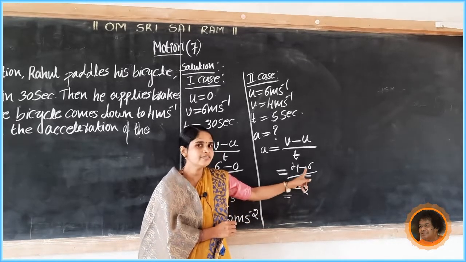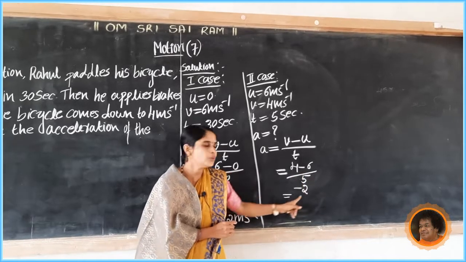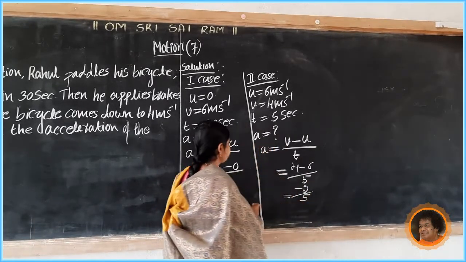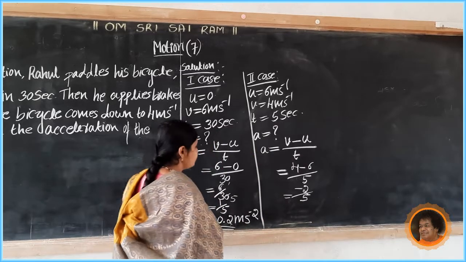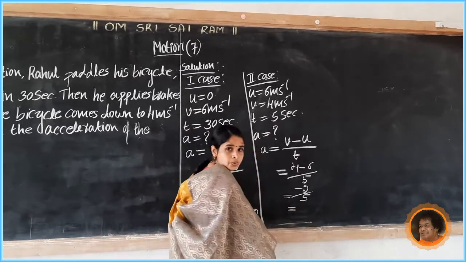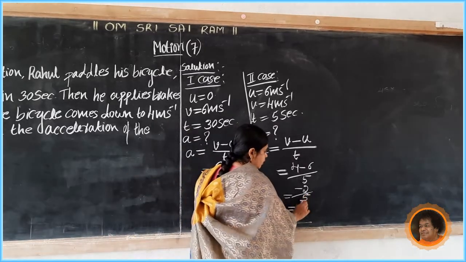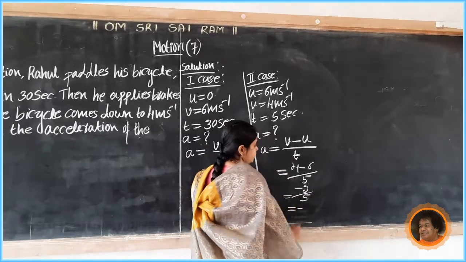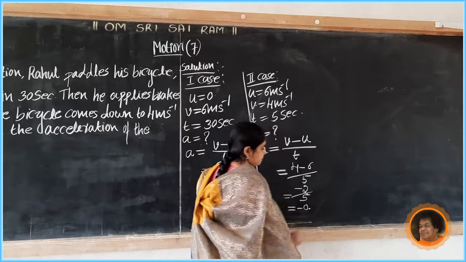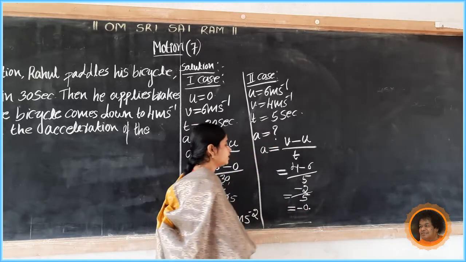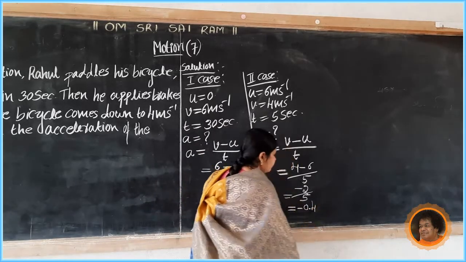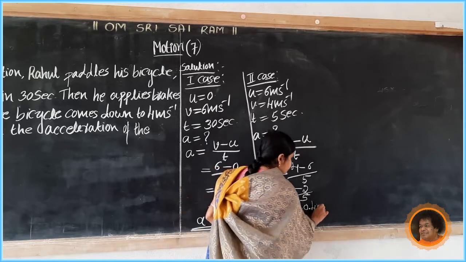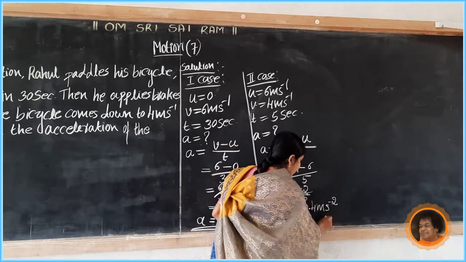Because the greater number has the minus sign. So minus 2 divided by 5. 5 twos... 5 fours are 20, so A equals minus 0.4 meter per second square.